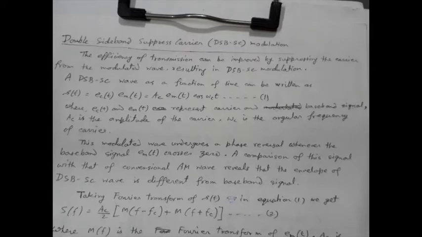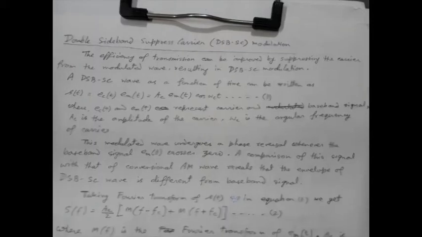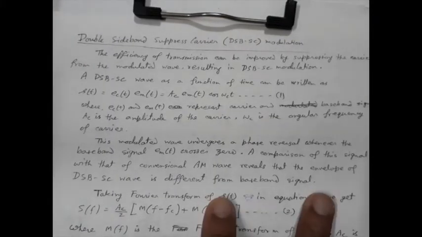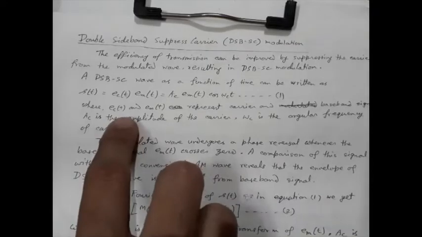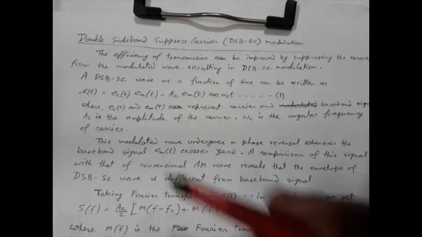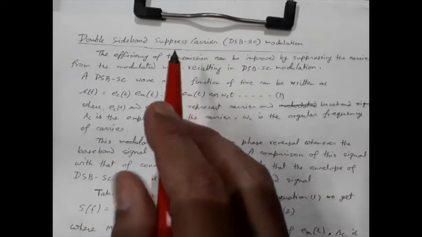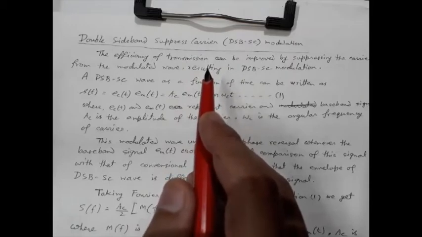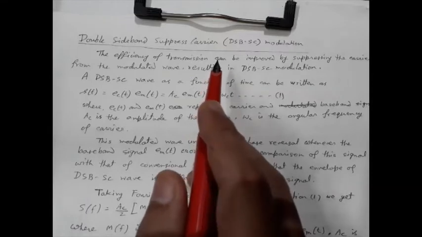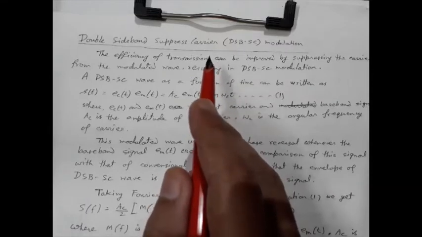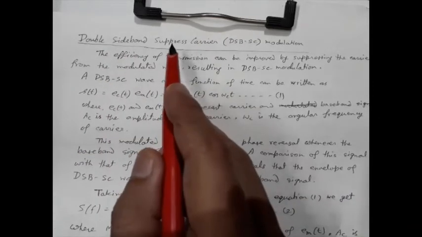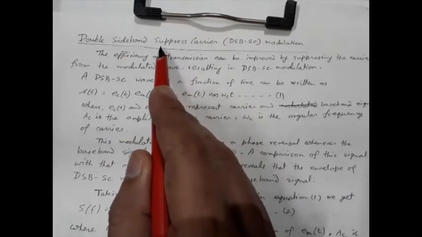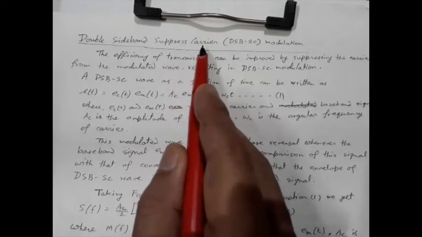That means we have to suppress the carrier. So this is one of the variations of AM called double sideband suppressed carrier modulation. Again, we are addressing the problems of AM one by one. First we are trying to address the wastage of power. So to reduce this wastage of power, first we will suppress the carrier.